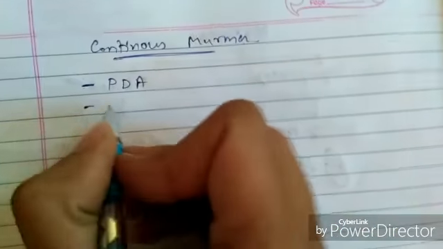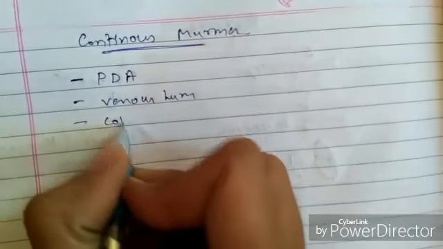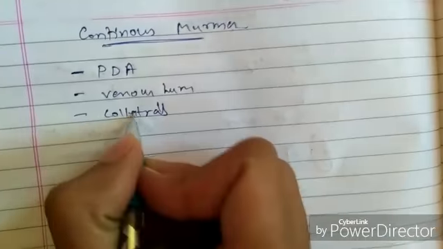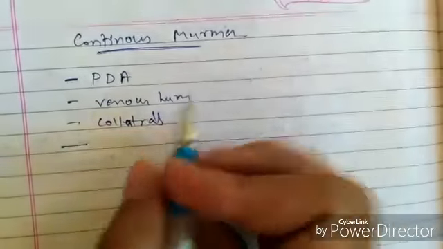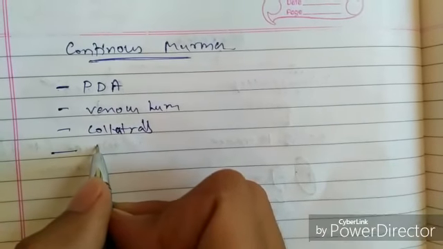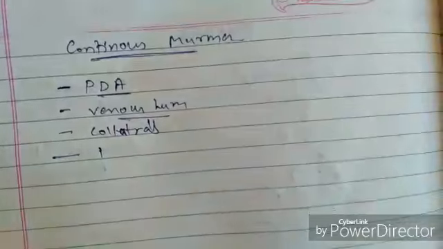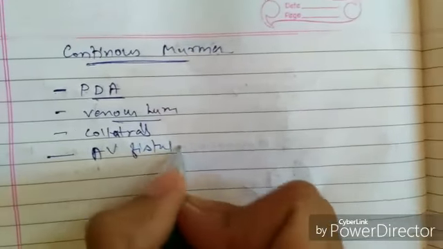Because there is a pressure difference across that site in diastole as well as in systole. This is the funda of continuous murmurs. Because there is a pressure difference in both systole and diastole at that site, a continuous turbulence of blood flow occurs, as in patent ductus arteriosus, venous hum, collaterals, and AV fistula.